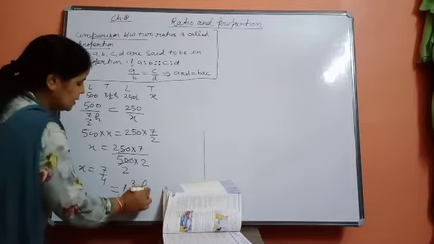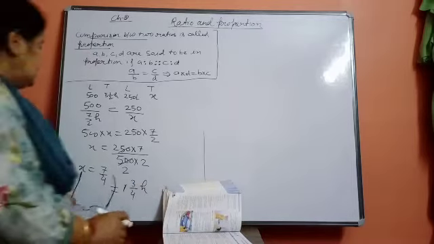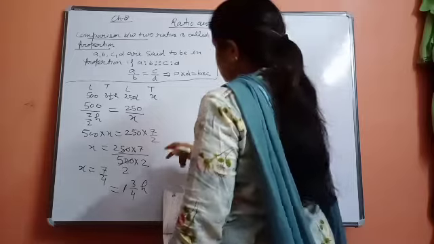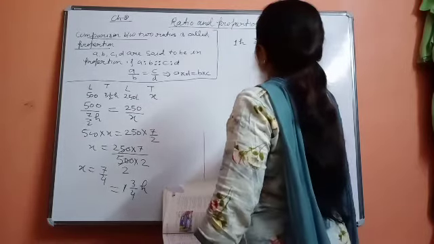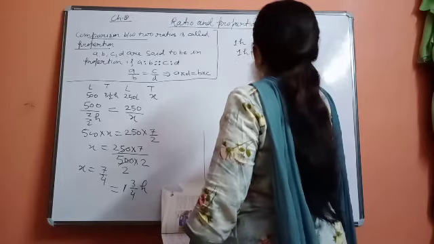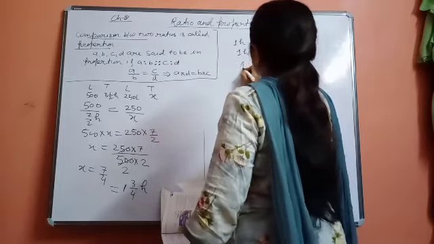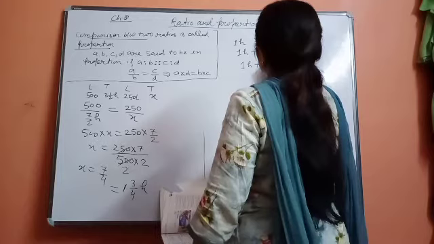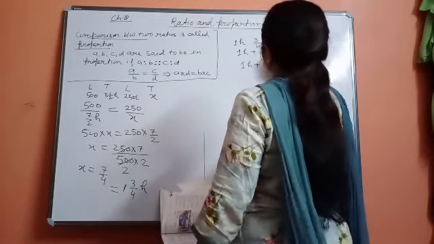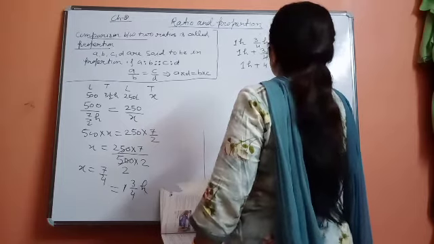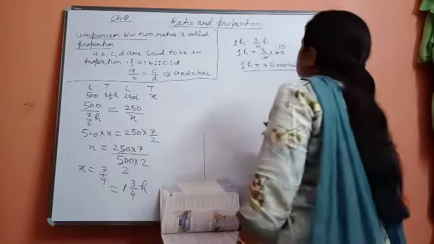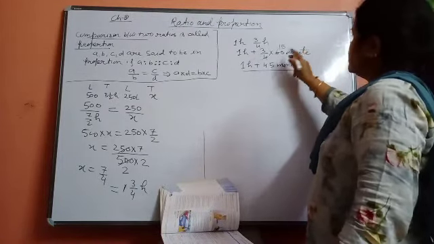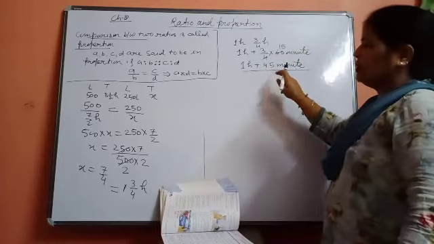Now you have to write how much time it will take. 1 hour is complete, and 3 upon 4 hour means 3 upon 4 multiplied by 60. 4 fifteens are 60, 15 threes are 45 minutes, because we have converted this hour into minutes. So it takes 1 hour and 45 minutes.